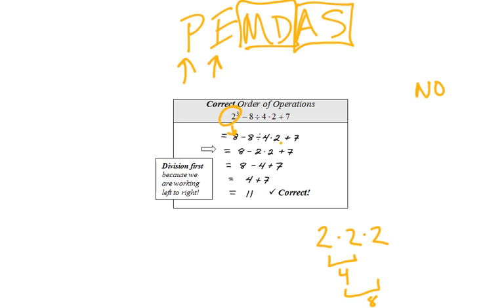So next we do multiplication and division from left to right. So from left to right, this comes first. So 8 divided by 4 is 2. So we write 8 minus 2 times 2 plus 7.